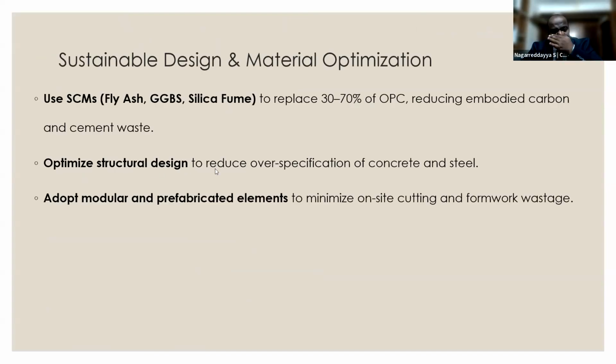Whatever structural designs we have, we need to do a proof check from superiors or expert consultants who are good in concrete and structural design, so that the design given by the structural designer is adequate, not over-designed or redundant. And we can adopt modular and prefabricated elements to minimize on-site cutting and formwork wastage.